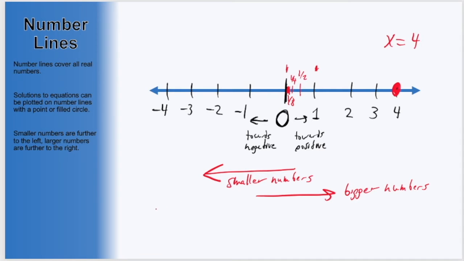If we thought about comparing -4 and -2, looking at our number line, we see that -4 is more towards the left and -2 is more towards the right. So -4 is actually the smaller number, while -2 is the bigger number. So we can see from our number line, whichever is the more negative number is actually the smaller number.